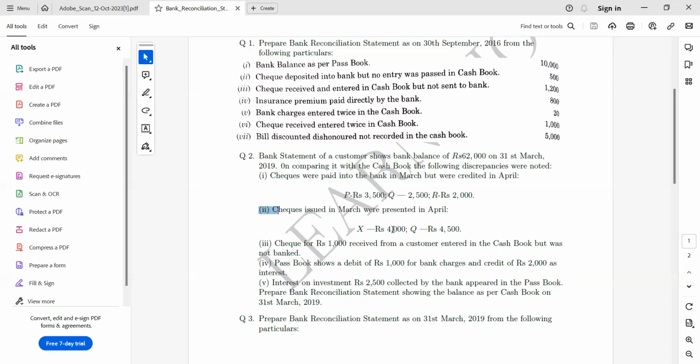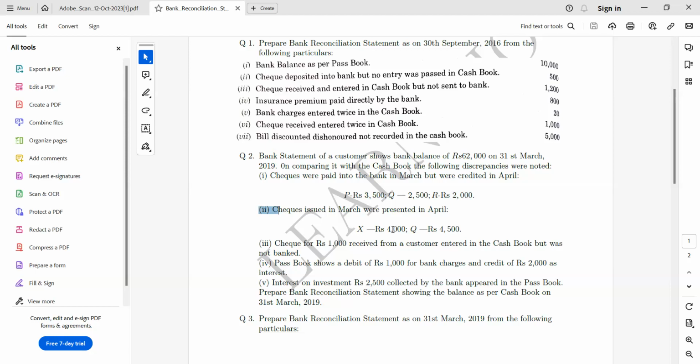Okay, so first of all, yes, we are using passbook balance. There is a passbook balance of 62,000 and checks were paid into bank in March, but were credited in April. When we deposit a check into bank, where is the impact? On the cash book.